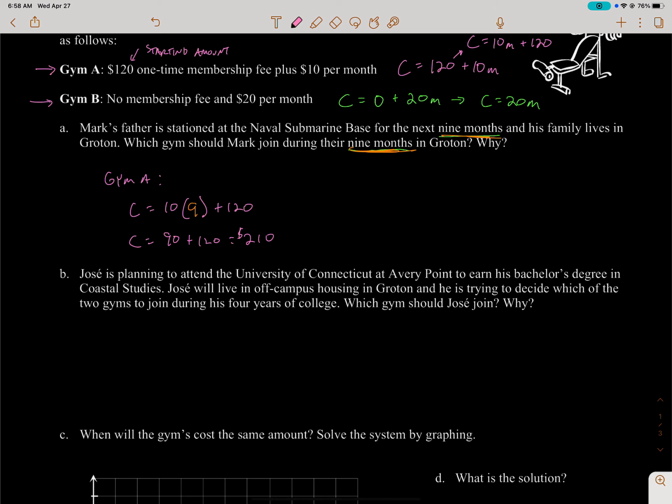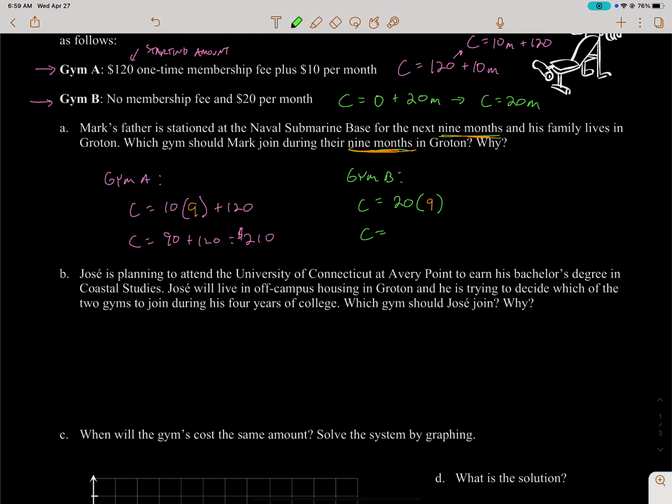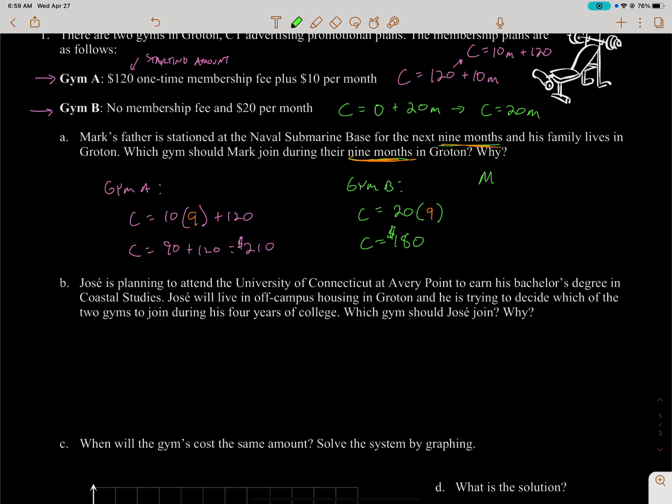So that cost will be $210 over that 9 months. Gym B, which we're doing in green, that cost would be 20 times 9 months. So we're plugging in that 9 for M. $180.